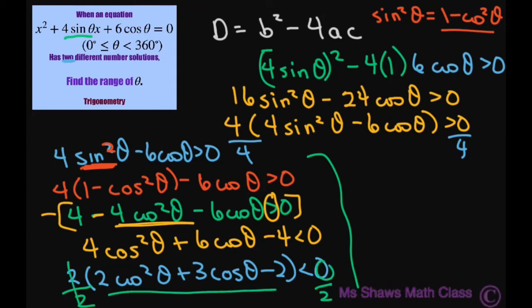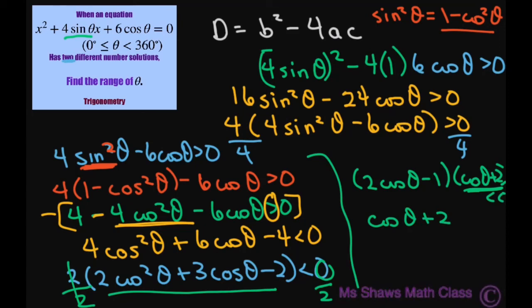So all we have to do is factor that. That's going to be 2 cosine of theta minus 1 times cosine of theta plus 2. I'm running out of room, but this has to be less than 0. Now if you look at this piece, you have cosine of theta plus 2 has to be less than 0.